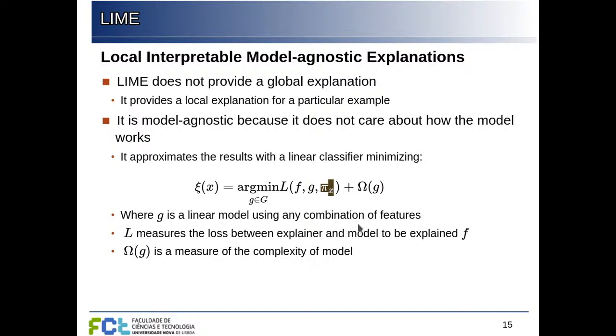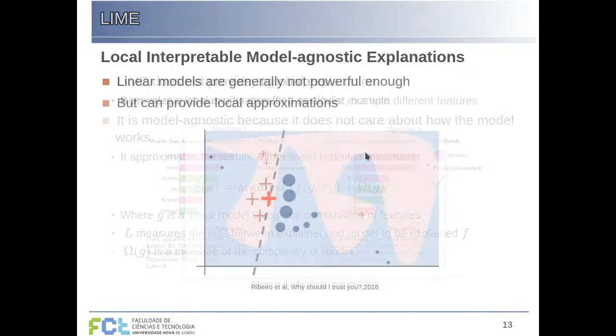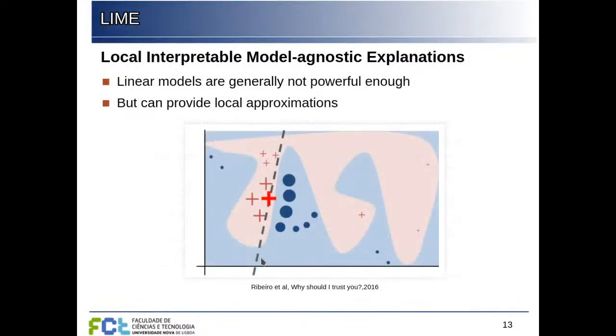So we're not looking at a whole data set, we're only looking around some specific point, and we want to make the predictions of this linear model, G, as close as possible to the predictions of the original model. So it will never be perfect because we're doing this linear simplification, but we want to minimize that.